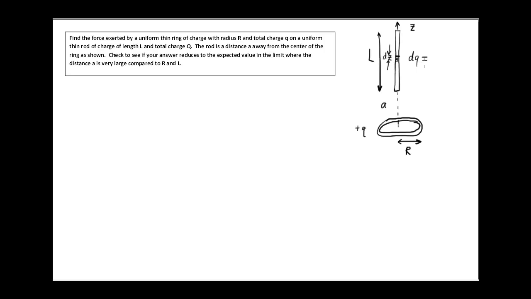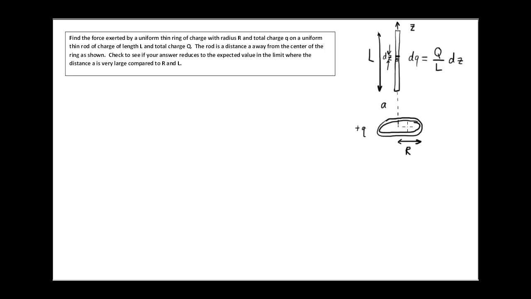The amount of charge on that charge element, if it's a uniform charge, will be the total charge Q divided by the length of the rod, so the charge per unit length, multiplied by the length element dz. And we've done this before in other problems.